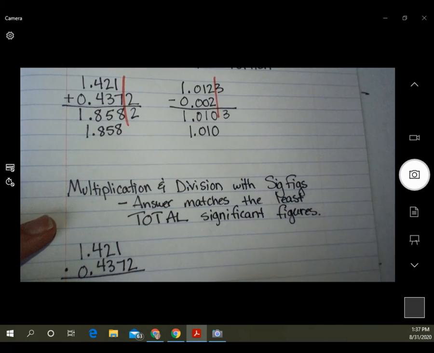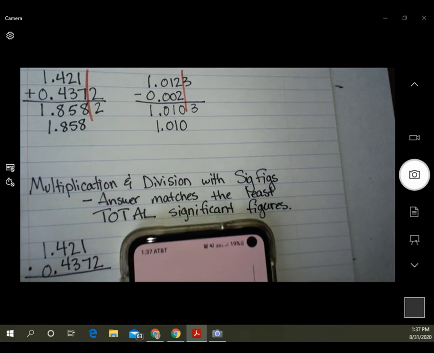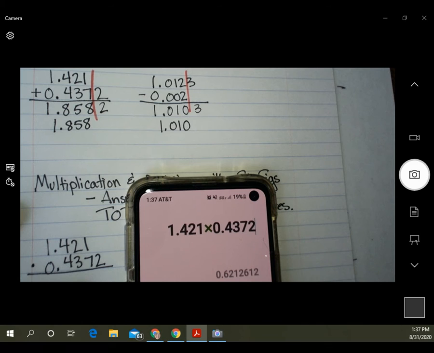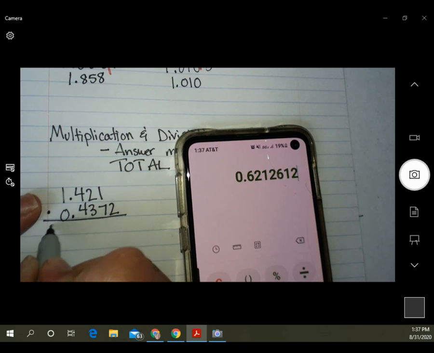I'm going to click that into my calculator real quick. So 1.421 times 0.4372. Okay, so the answer is 0.6212.